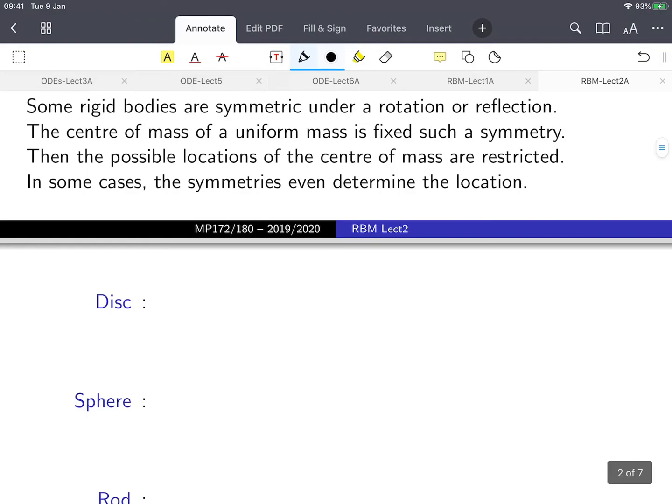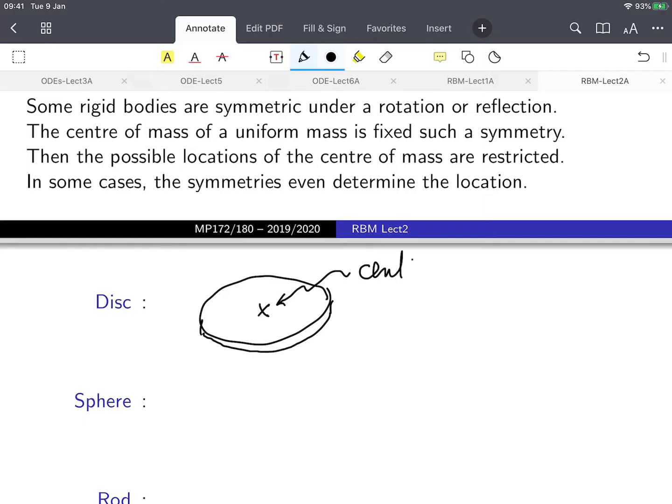If I have symmetry, for instance, a disk like this, a very thin disk, or even thicker, I can see from symmetry considerations that the center of mass is going to be just there, at the middle, at the center of the disk.